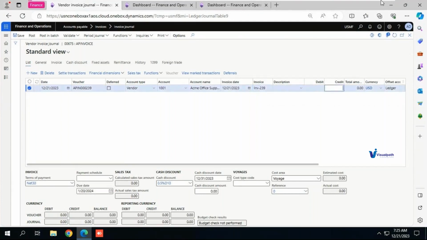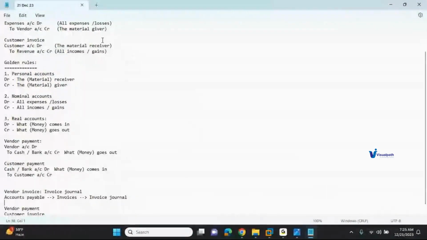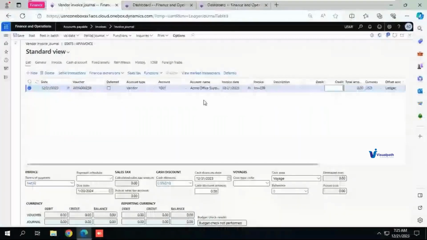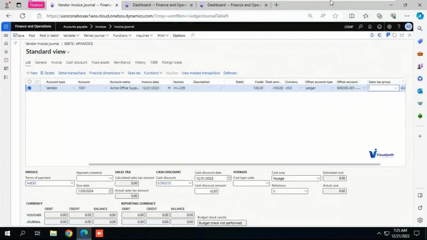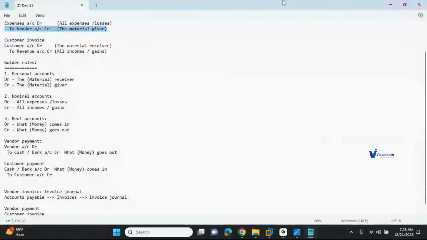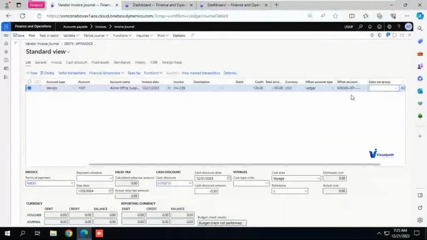Okay, at the time of vendor invoice, we understood the vendor account is credited. So I need to enter credit. Then here the offset account is expenses, some expense account we have selected. Click on save and post.